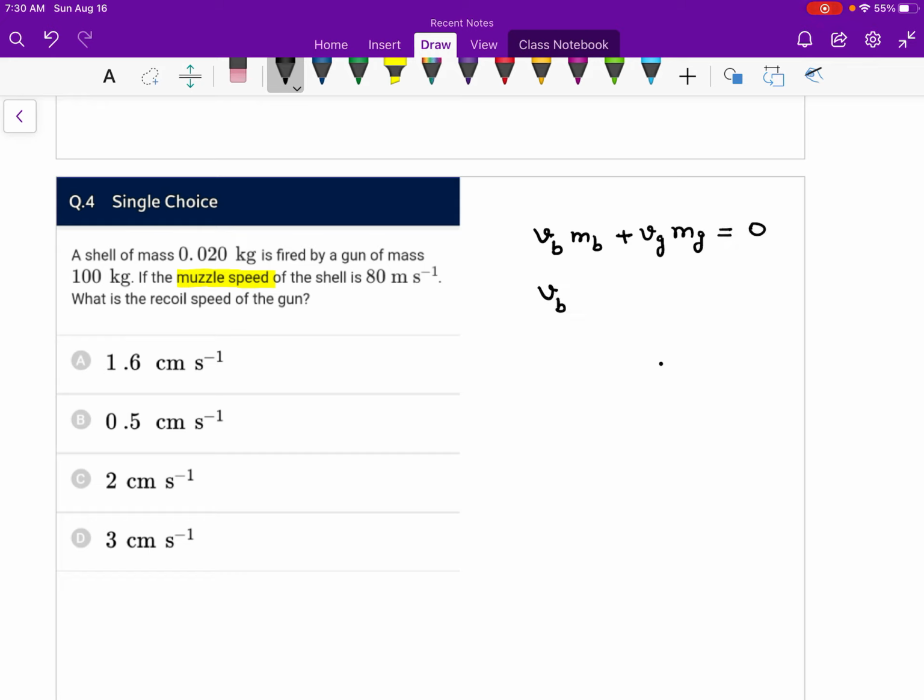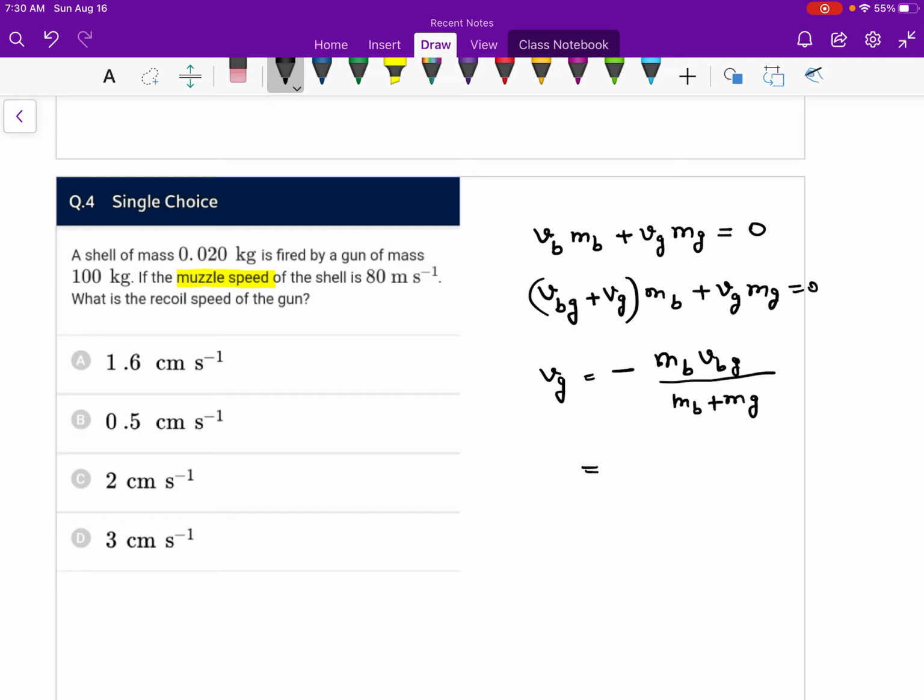Now velocity of bullet relative to the gun plus velocity of gun into mass of bullet, plus Vg into mg is equal to 0. So velocity of gun is minus mb vbg upon mb plus mg.